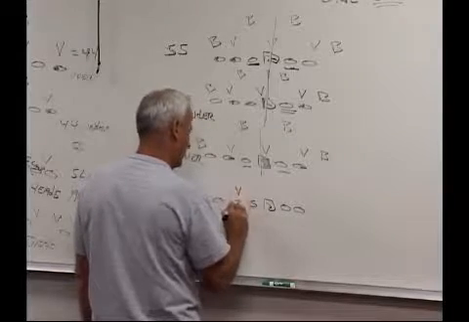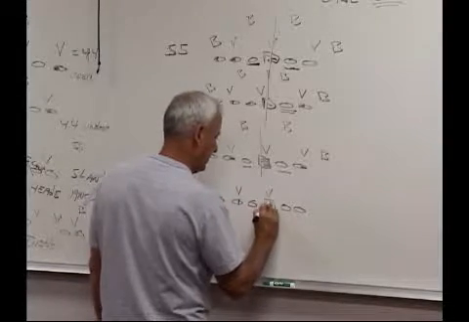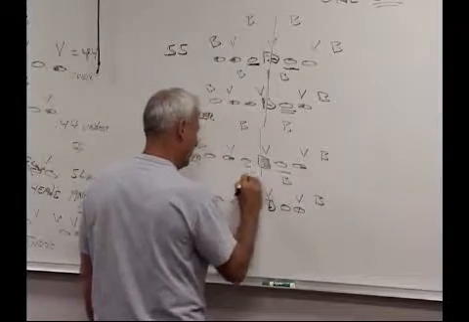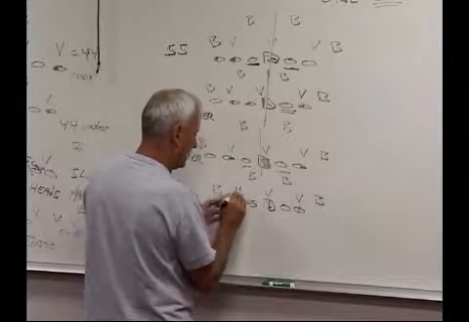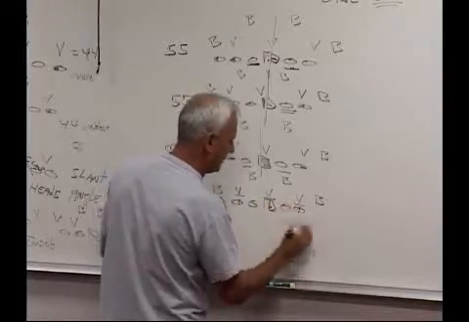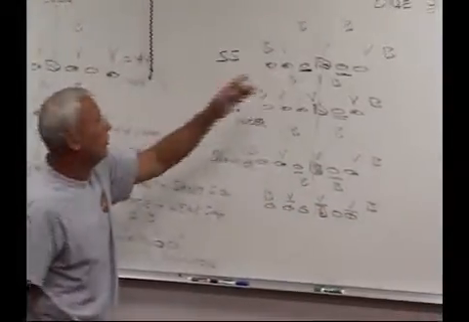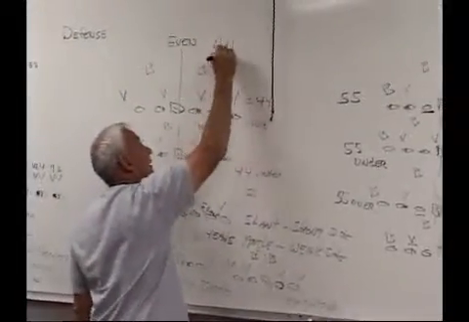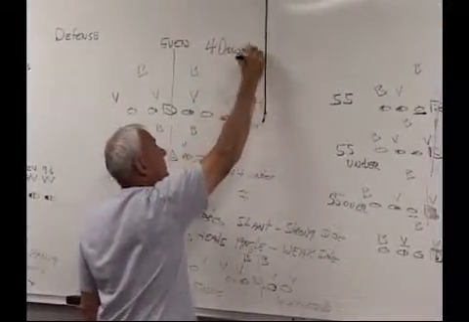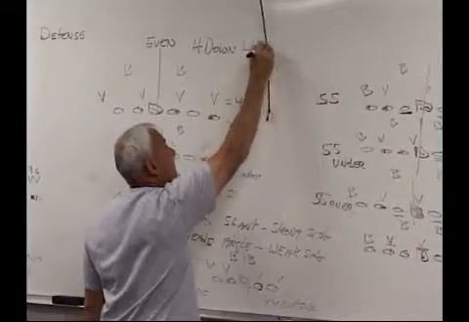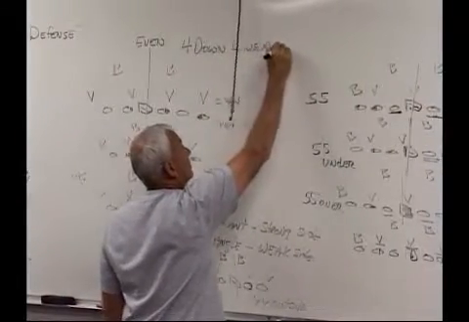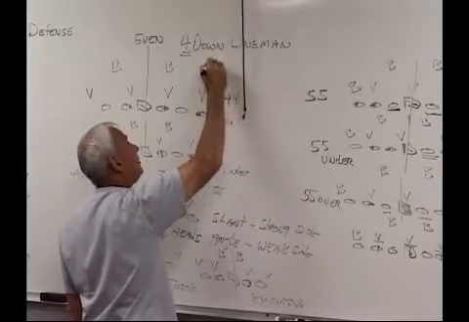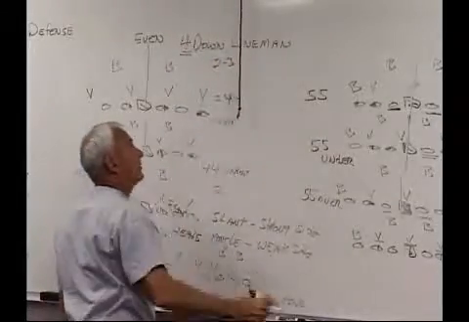I've got 2 tackles head up, 0 nose, 2 tackles head up, backers, backers, backers, backers. I've got 3 down linemen. That's the difference between the Okie and the even. On the even, I've got 4 down linemen, 2 to 3 linebackers.